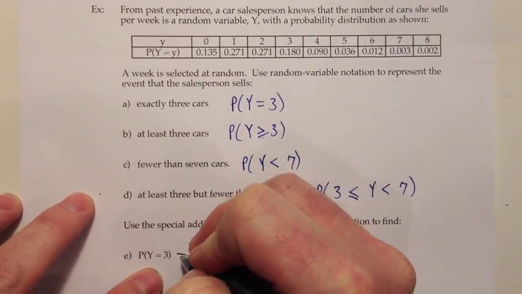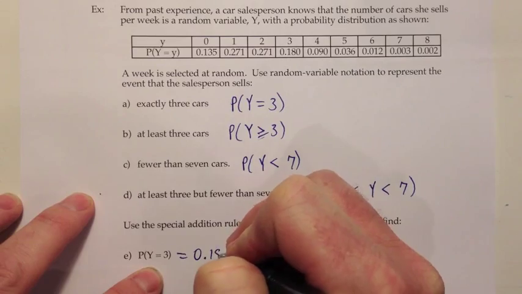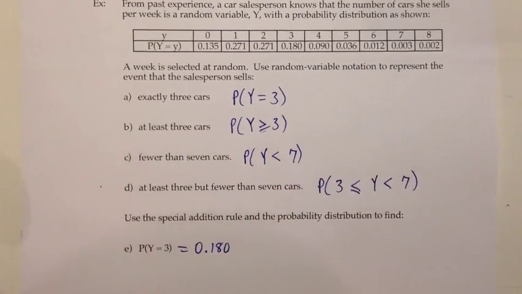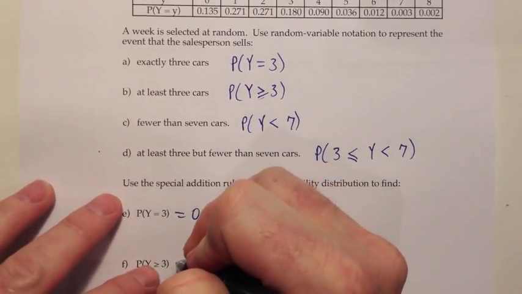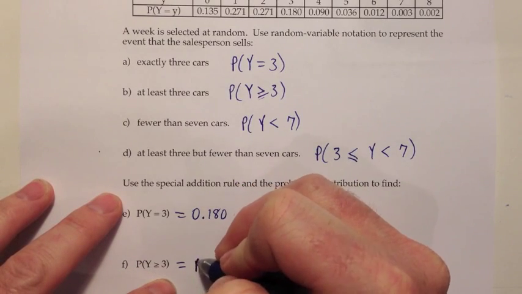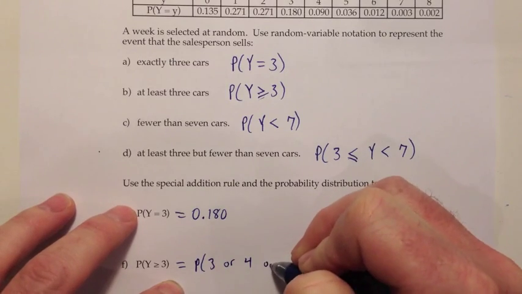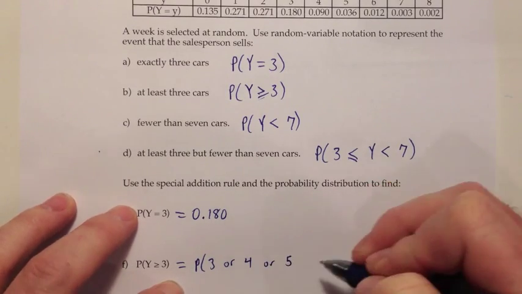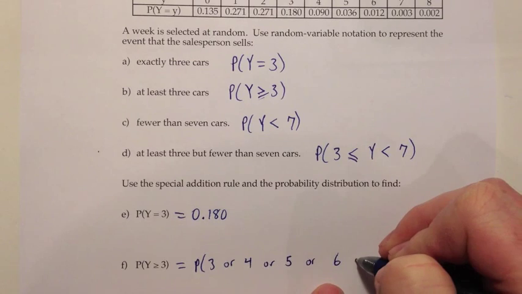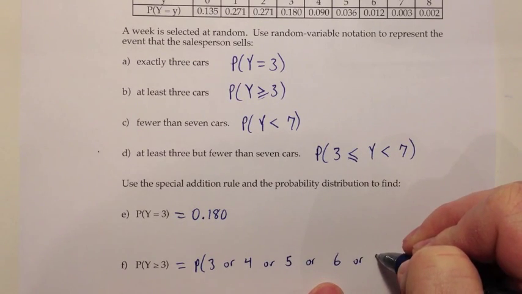So all we have to do is go up there and fill that in from the chart. When they say y is greater than or equal to 3, it's the same idea. That could be 3 cars that she's selling, or 4, or 5, or 6, or 7, or 8.